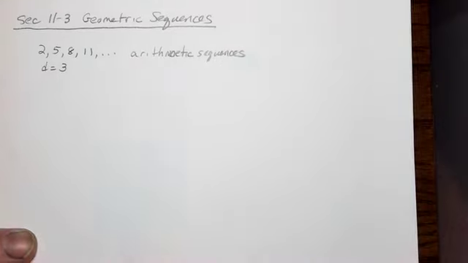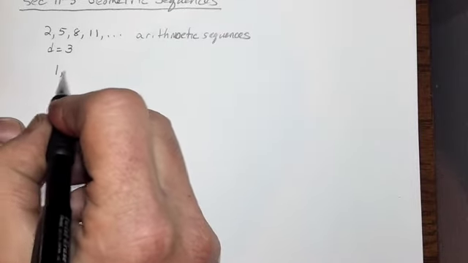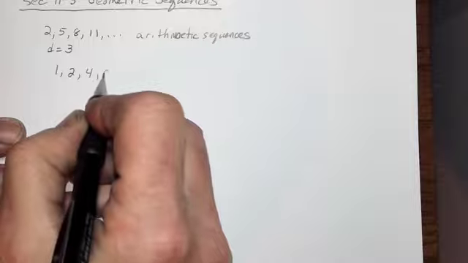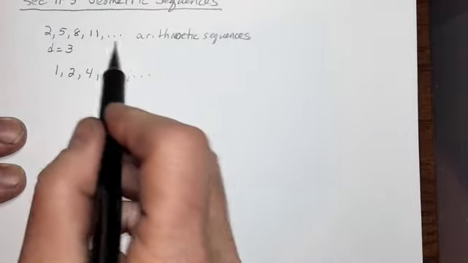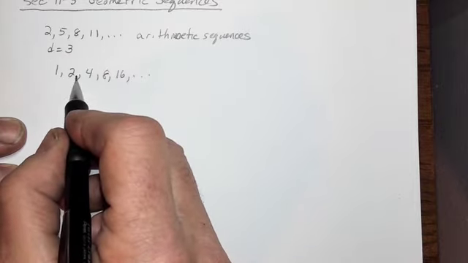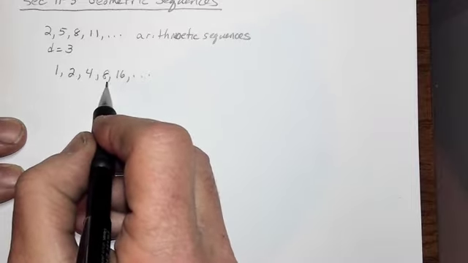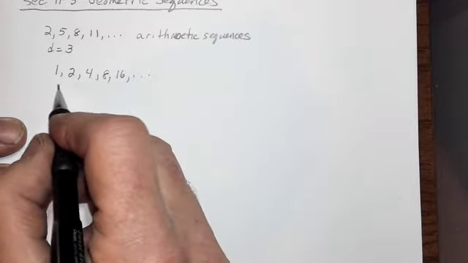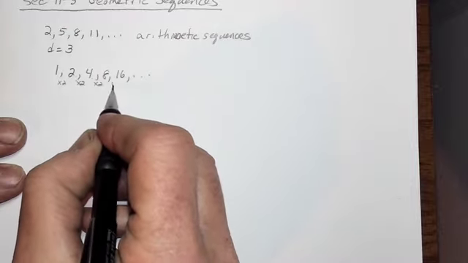So a geometric sequence is one like you're familiar with, something like 1, 2, 4, 8, 16, and so on, where instead of adding the same thing each time, we're multiplying each term by something to get the next term. In this case, I multiply by 2, and I multiply by 2, and I multiply by 2, and so on.